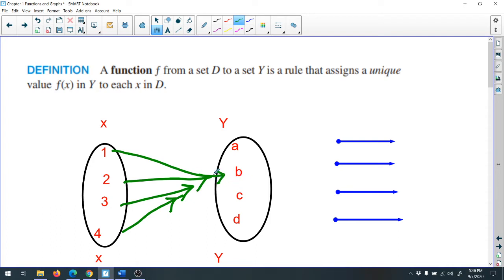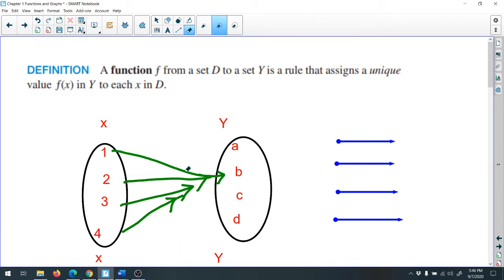We're not looking for the output, we're looking for the input. Every member of X should participate once, and this qualifies. It doesn't matter that all go to the same output; what matters is that everyone participated once. 1, 2, 3, 4. So this is a function.